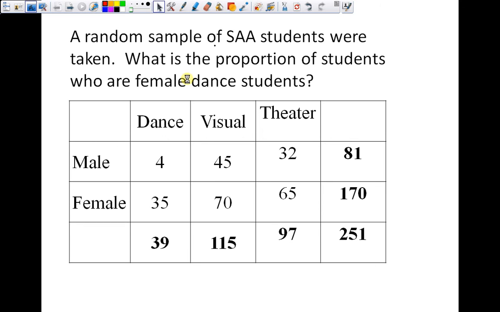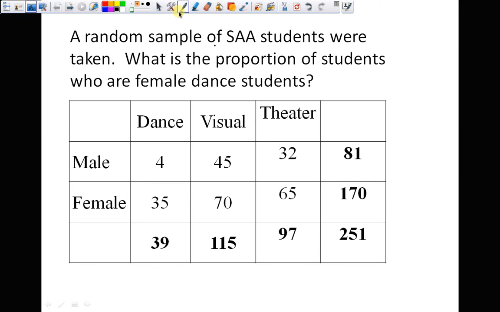So, next question. What is the proportion of students who are female dance students? Now, it may not look like an intersection problem, but what they're asking us is, what is the probability of A and B?